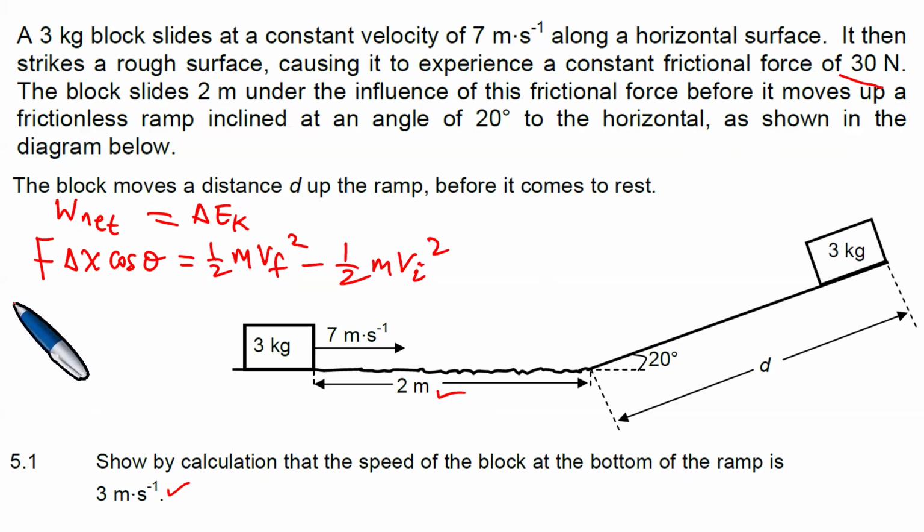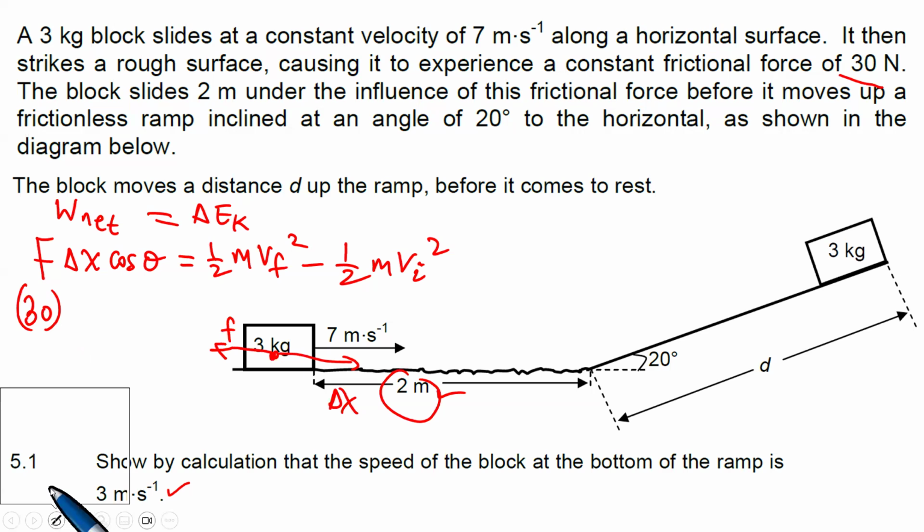When these blocks slide like this, friction is in the opposite direction, as there is some delta X happening in the forward direction over the 2-meter displacement. And therefore you'd have that 30 newtons of force, and then delta X is 2 meters.